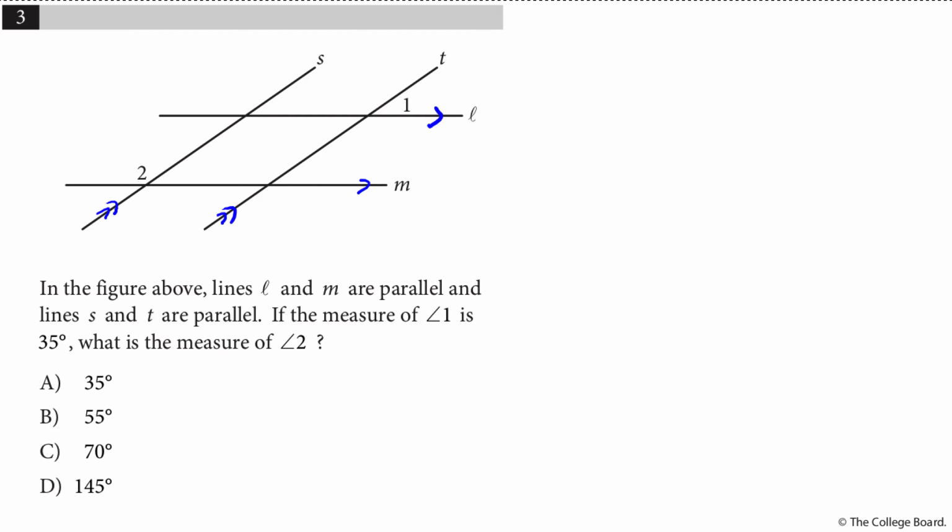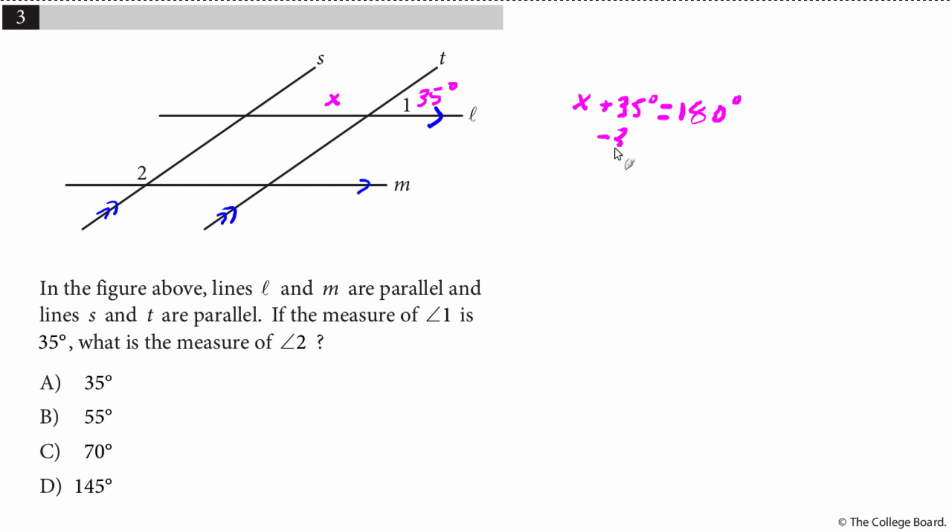So I could first realize that this angle here is 35 degrees. I'll make this an x for a brief second. So these two angles are what's called a linear pair. And so that means that I know that x plus 35 degrees is 180 degrees.